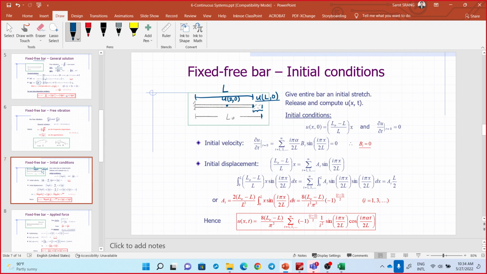So first, using this condition, we have bi equal to zero, and then by using this condition, we can have this equal to this. This one is like a line equation, right? Just an equation like this, a line like this.